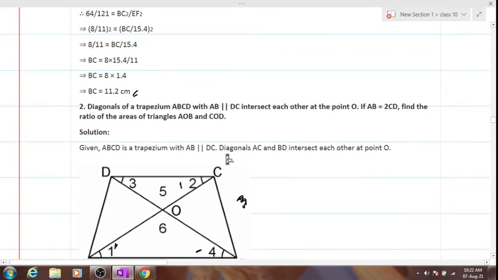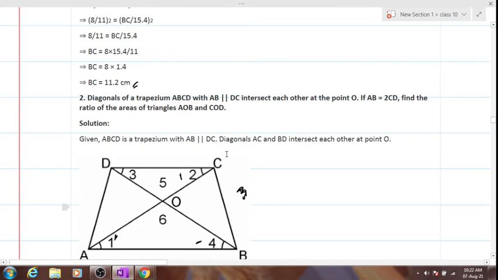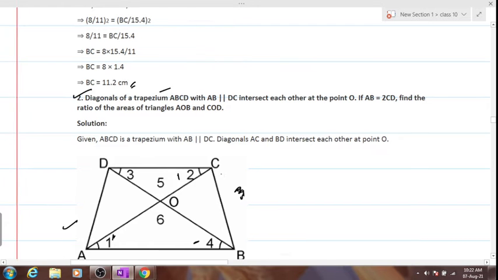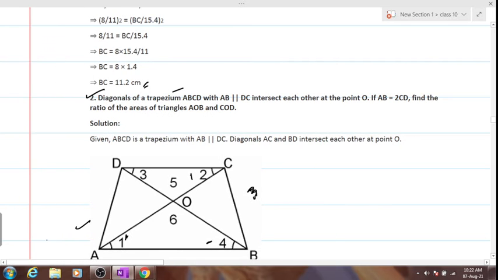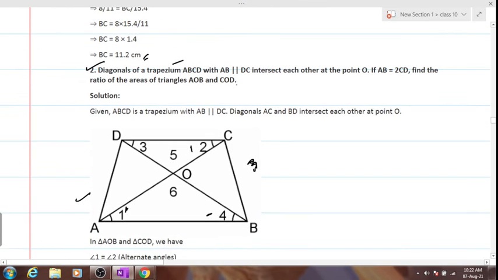Question number 2 now. Very interesting one. It says that the diagonals of trapezium ABCD, AB is parallel to DC, and the diagonals intersect at point O. Given that AB is twice of DC, can I write AB by DC equals 2 by 1?